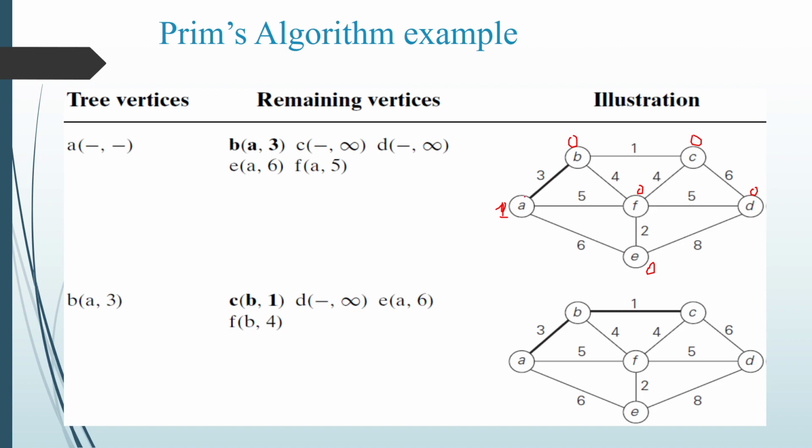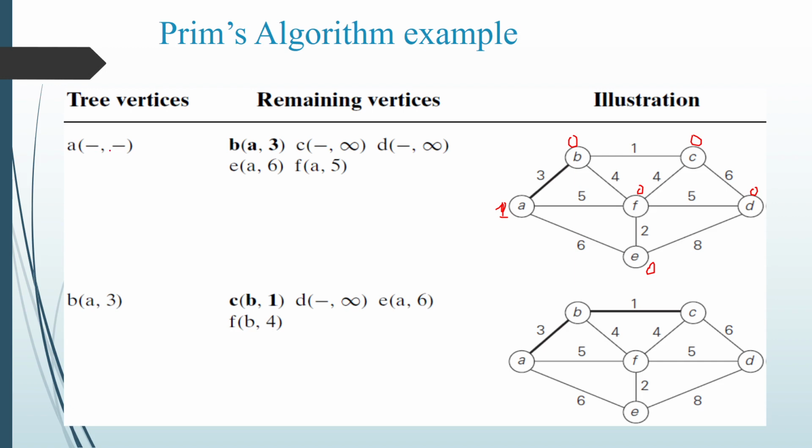So now this vertex is selected to visit. Which vertex will I visit now? That vertex you have to write here: A and dash, dash. Usually this dash represents the adjacent vertex and the weight of that particular adjacent vertex edge. At present this is the only vertex I am visiting, so no adjacent vertices are there.